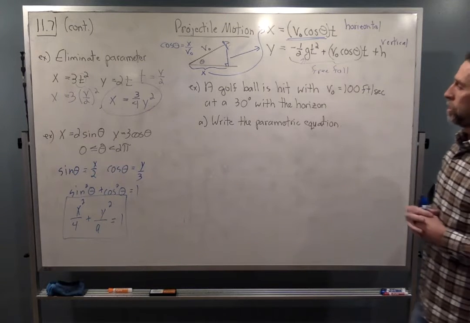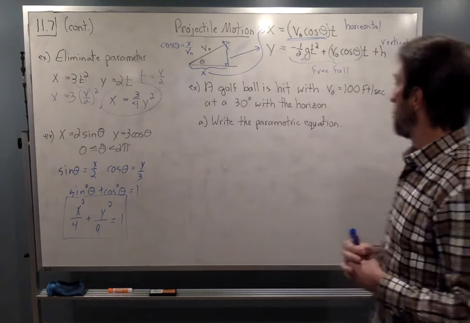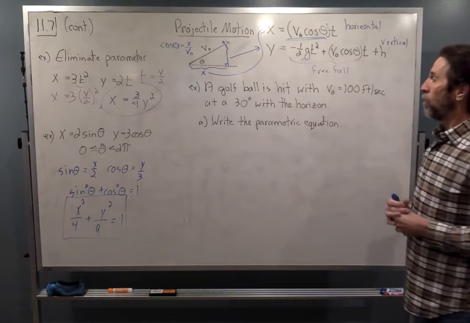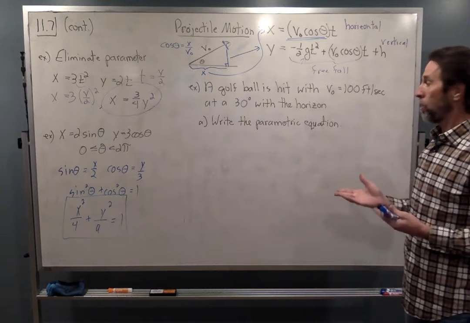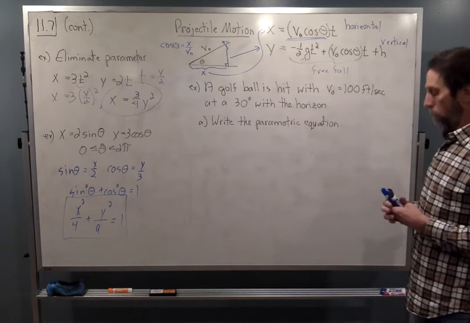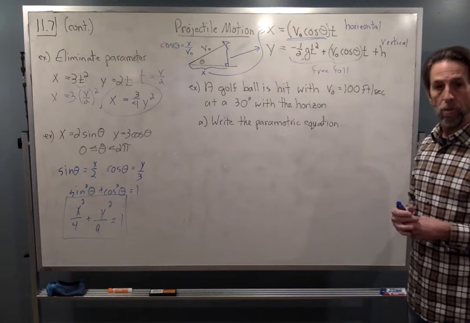So here's the situation. We have a golf ball, and it's hit with an initial velocity of 100 feet per second at an angle of 30 degrees with the horizontal, or the horizon, right? So it's not too high, not too low. We want to write the parametric equation that fits this situation.